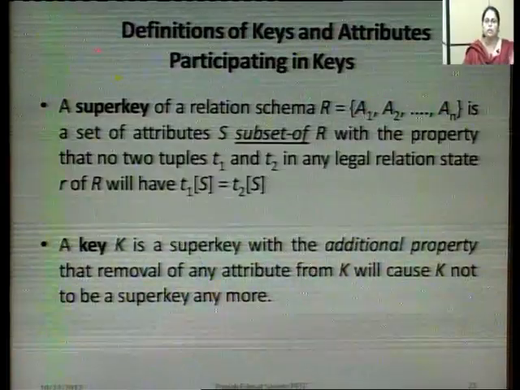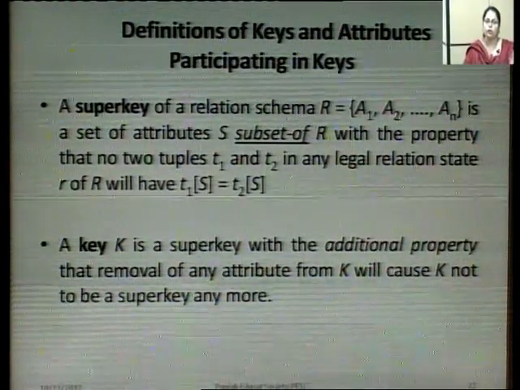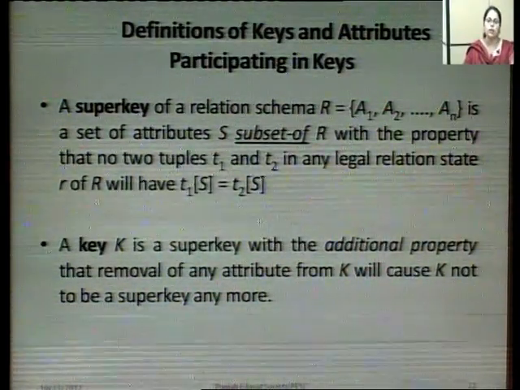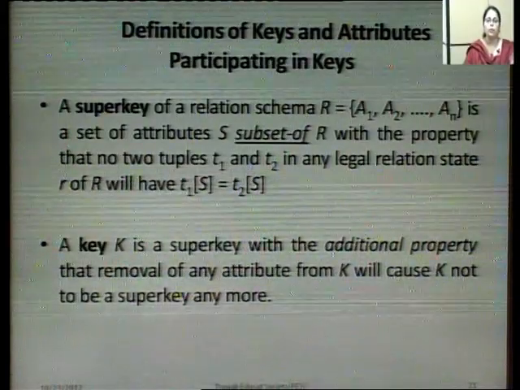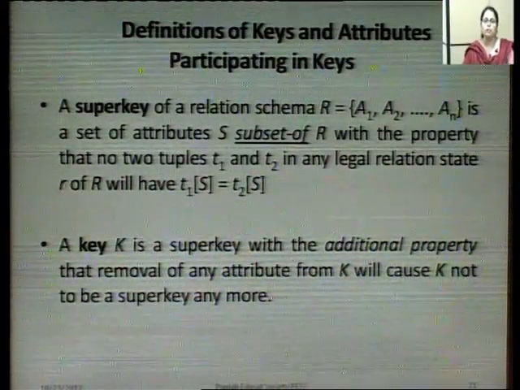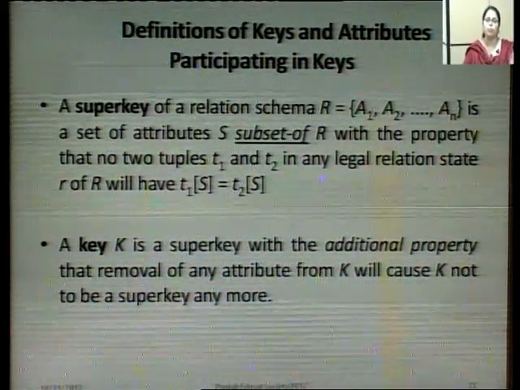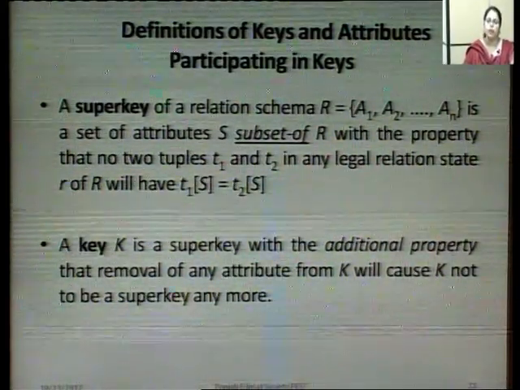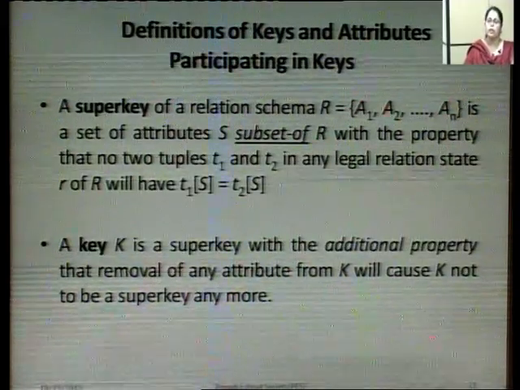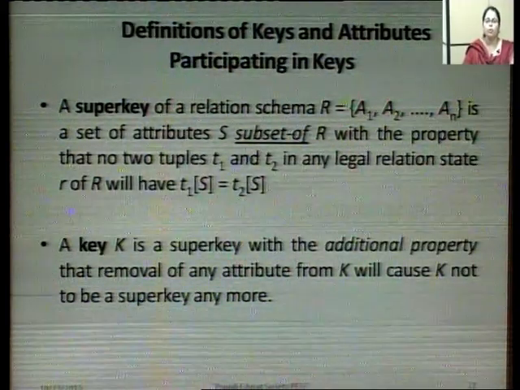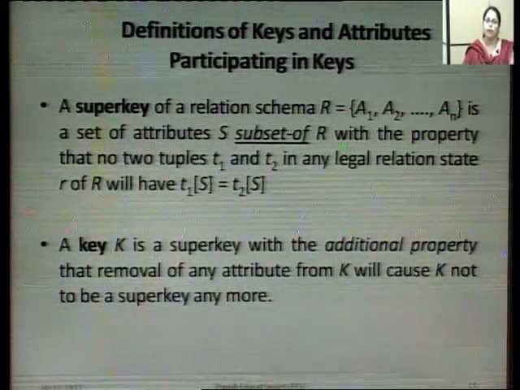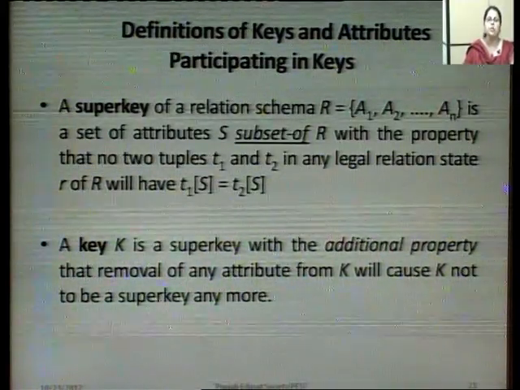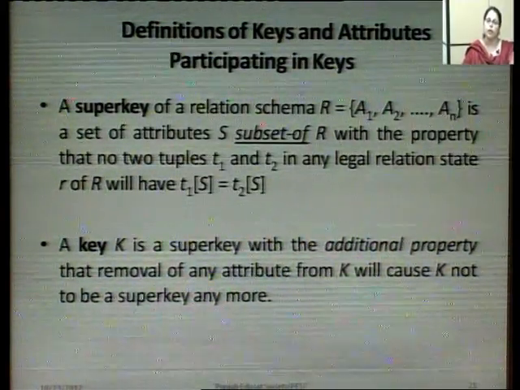A key is a minimal super key. The meaning of minimal is that it is a super key with the additional property that removal of any attribute from the super key will cause that key not to be a super key anymore. That means if we have a super key K, and if we remove some attribute from it, then the remaining set of attributes will not be a super key anymore.